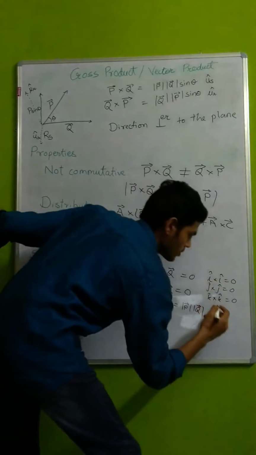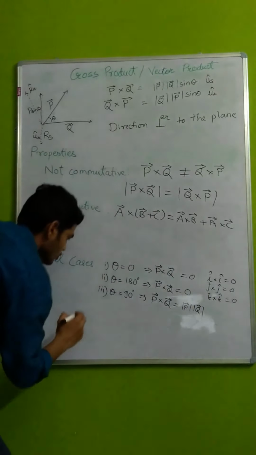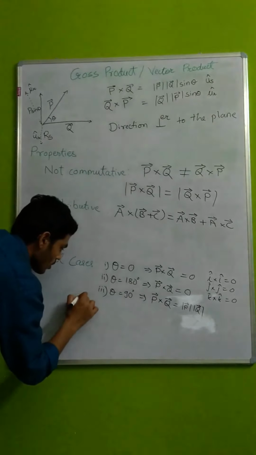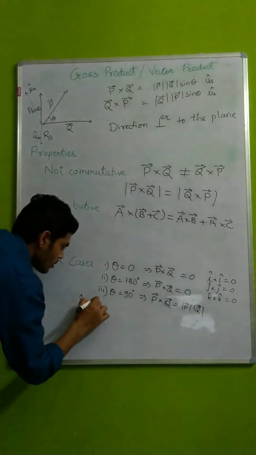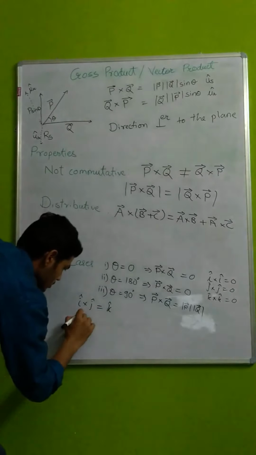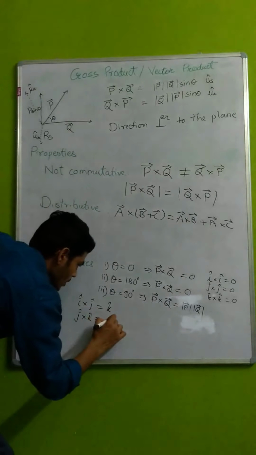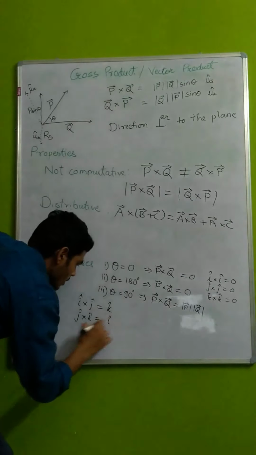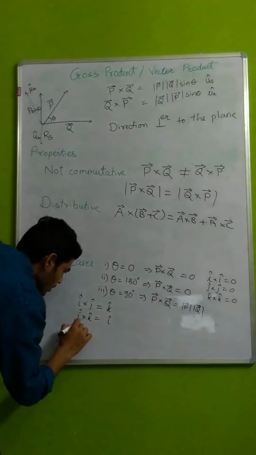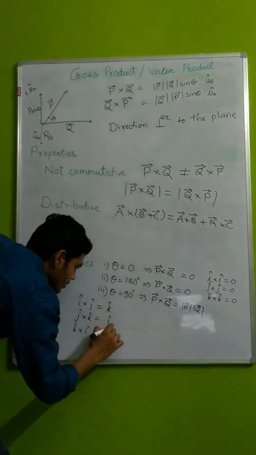Now we know that i, j and k are mutually perpendicular. So i cross j will give us k vector, j cross k will give us i vector, and k cross i will give us j vector.